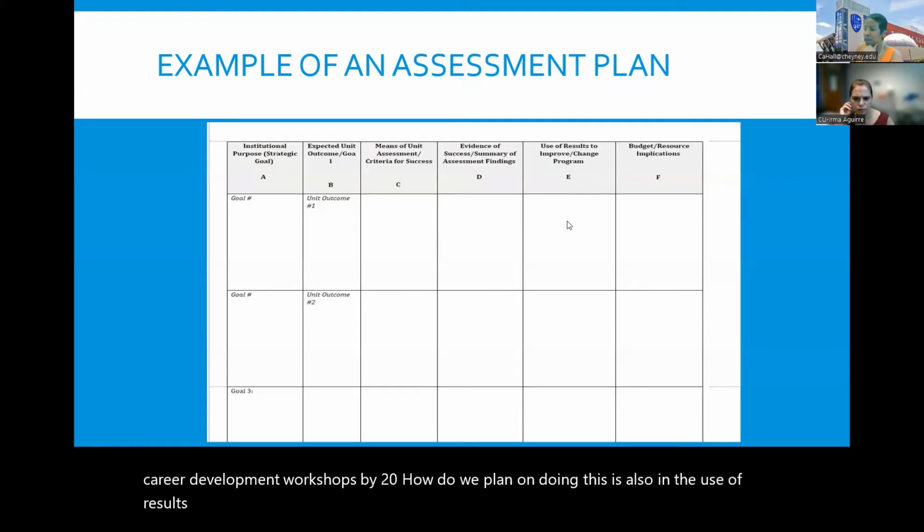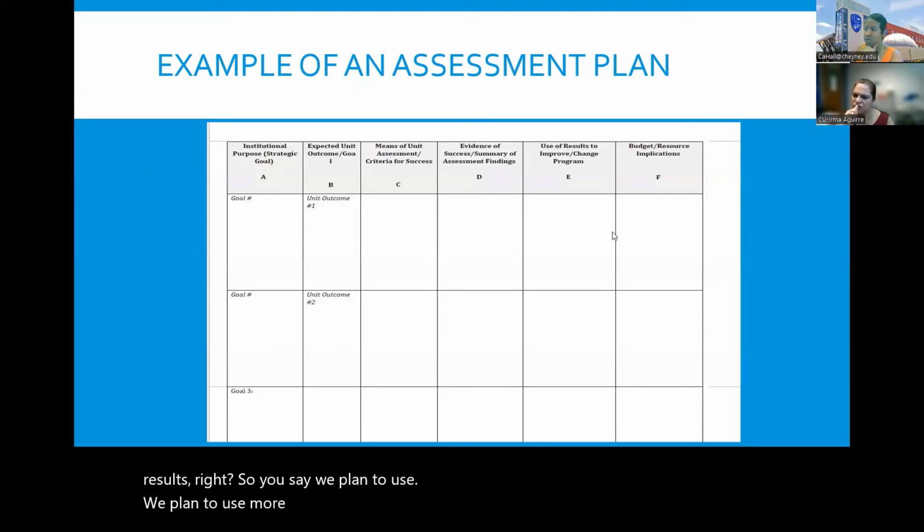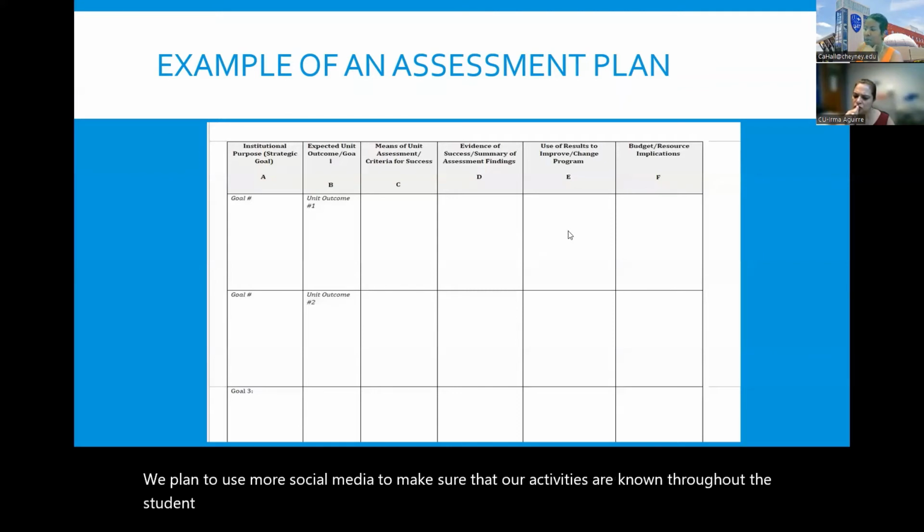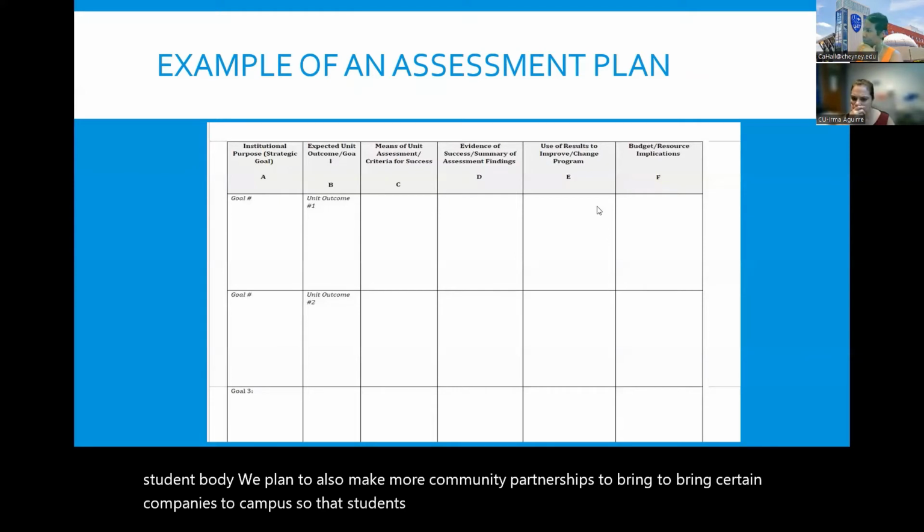So you say, we plan to use more social media to make sure that our activities are known throughout the student body. We plan to also make more community partnerships to bring certain companies to campus so students have more exposure.